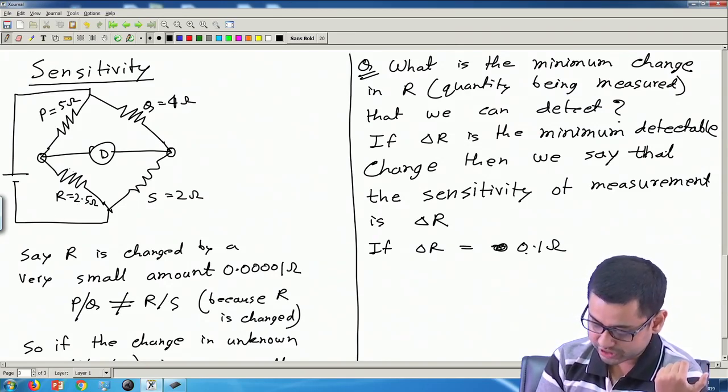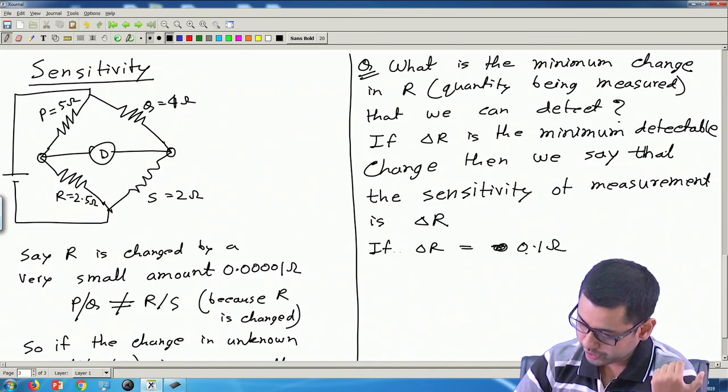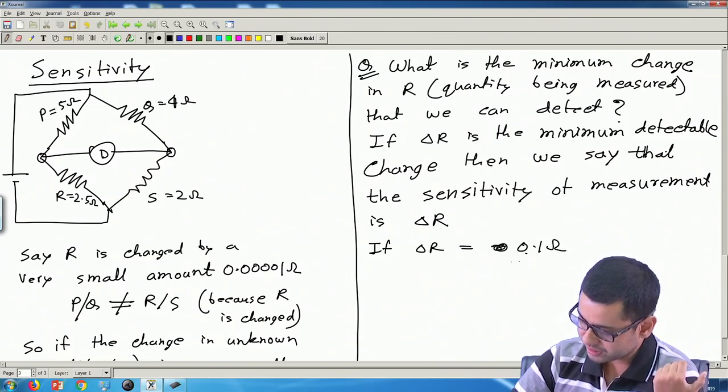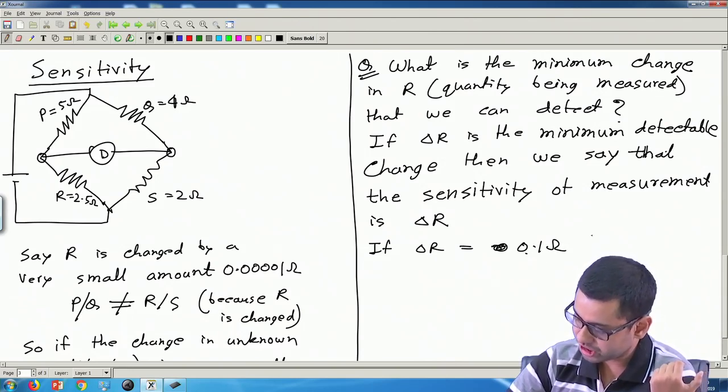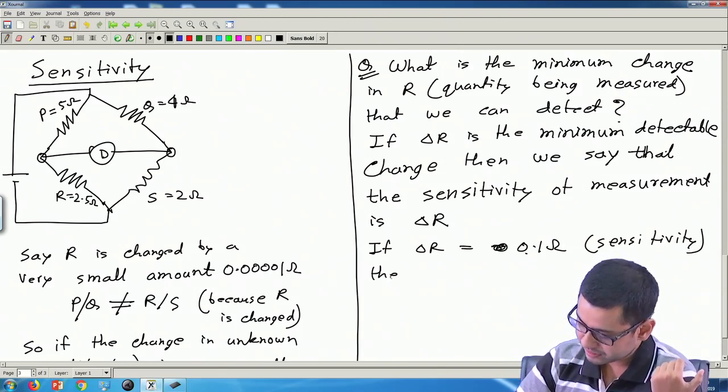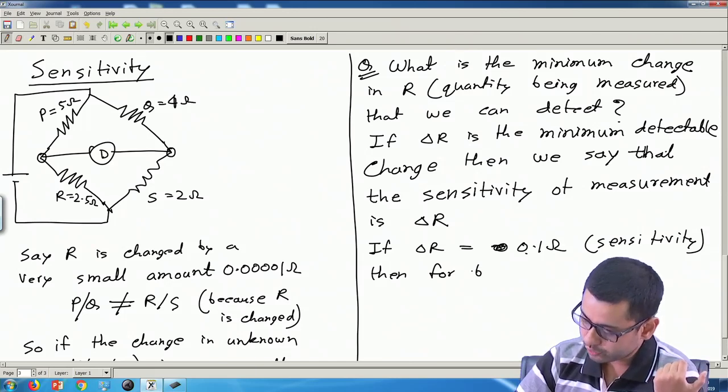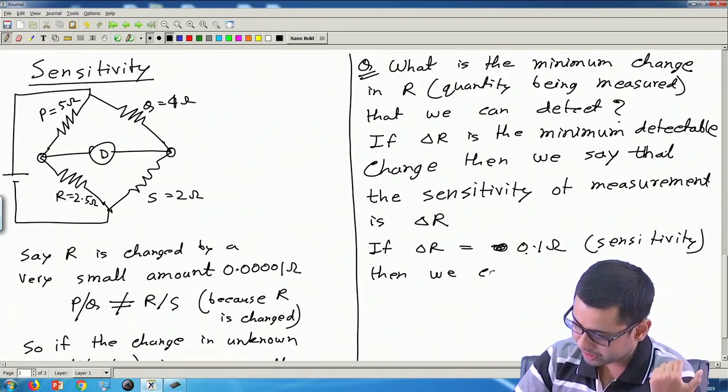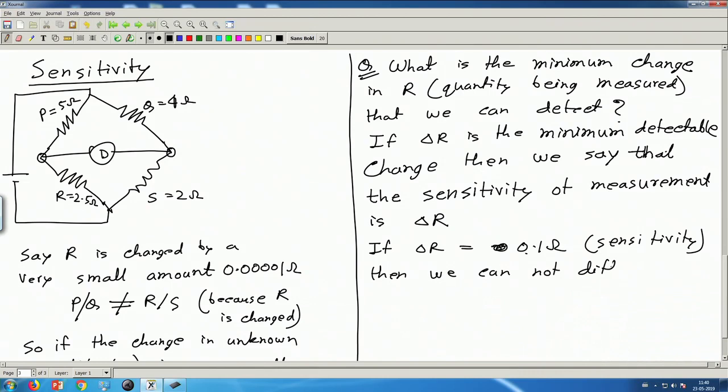2.55, because if delta R is 0.1 ohm, this is the minimum detectable change or sensitivity, then we cannot differentiate between R equal to 2.5 ohm and R equal to 2.55 ohm.